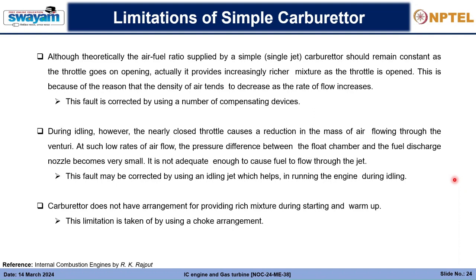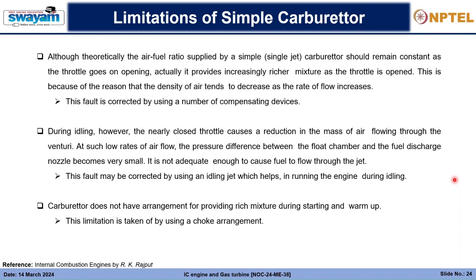Then the second fault is during idling. The nearly closed throttle causes a reduction in the mass of air flowing through the venturi. So at such low rates of airflow, the pressure difference between the flow chamber and the fuel discharge nozzle becomes very small. It is not adequate enough to cause the fuel to flow through the jet.